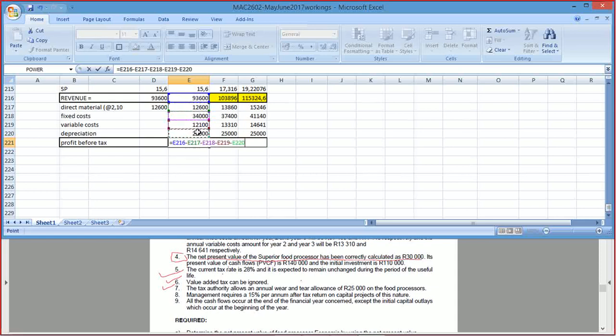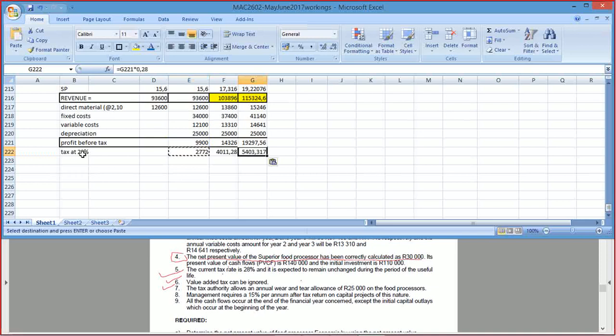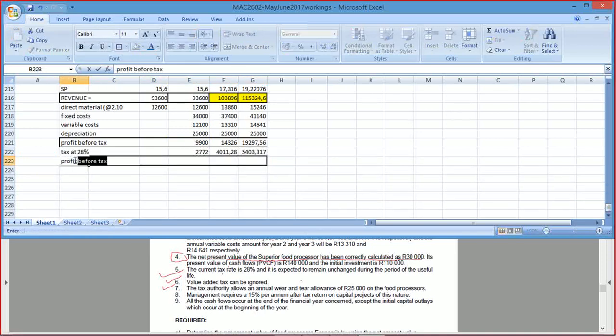Revenue minus that, minus that, minus that, minus that gives you that. Tax at 28%. Profit after tax. Got that?